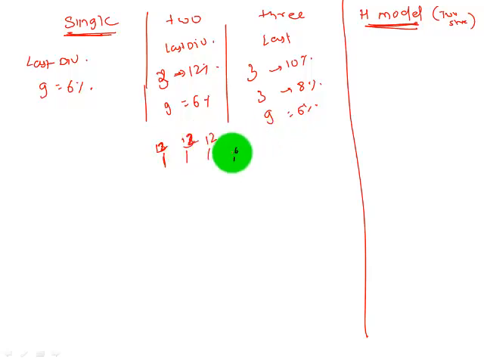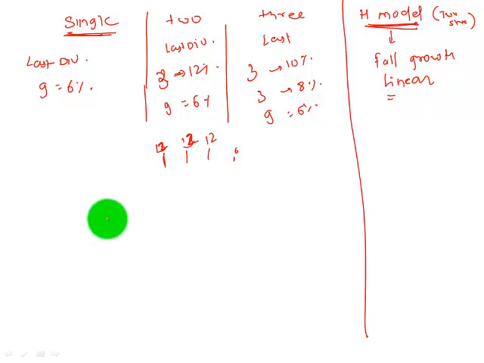But in real life it doesn't happen that way. It would be 12, 12, 12, then probably 10, then probably 8, then probably 6, isn't it? So here, though it's a two-stage model, you would say that the fall in the growth rate is going to be linear. There's a formula, we will see the intuition behind it later on, but that model would be called the H model.